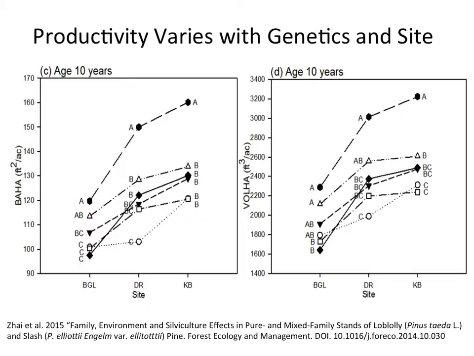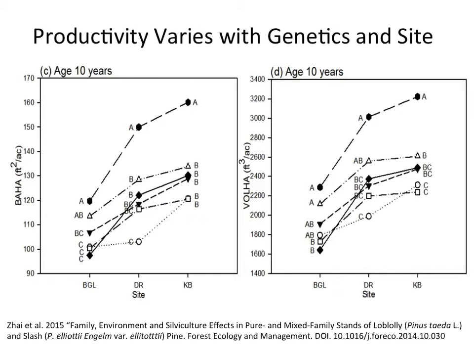So Bogalusa, Louisiana was our lowest producing site. It also was hit by, of course, Hurricane Katrina, was flooded for a number of years, so that local site effect was fairly significant there. DeRidder, second best producer, and then Kirbyville was our best producer. And at least if Texas can't beat you guys in football, LSU, if any LSU fans, we can beat you in growing trees in some places.